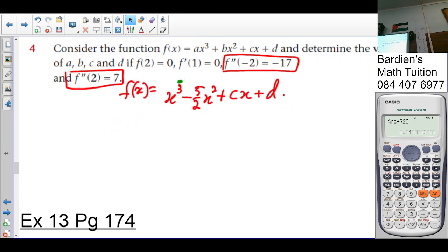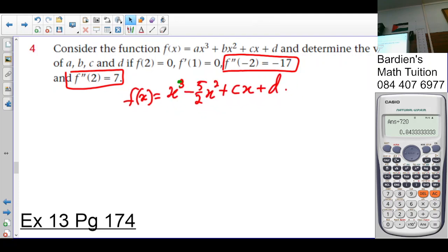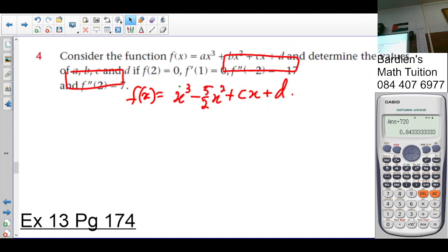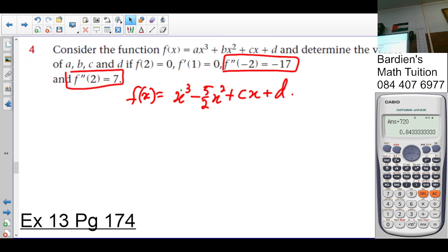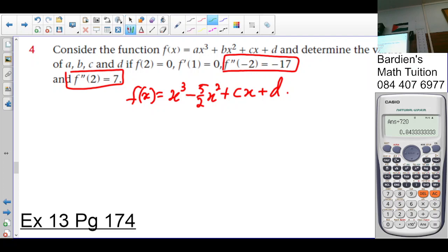Right. So now I'm going to go with this information. I go f prime of x equals 3x squared minus 5x plus c.